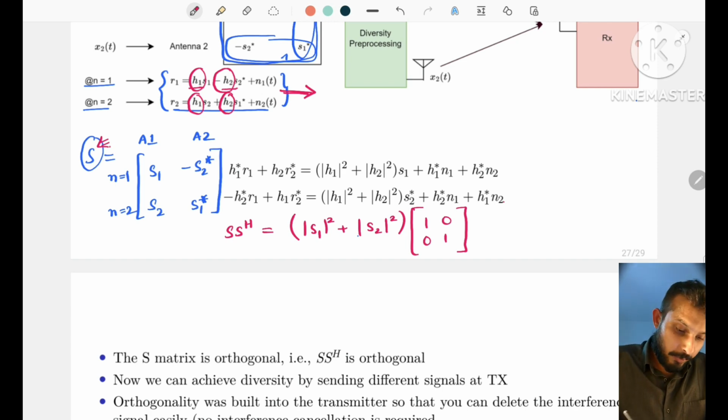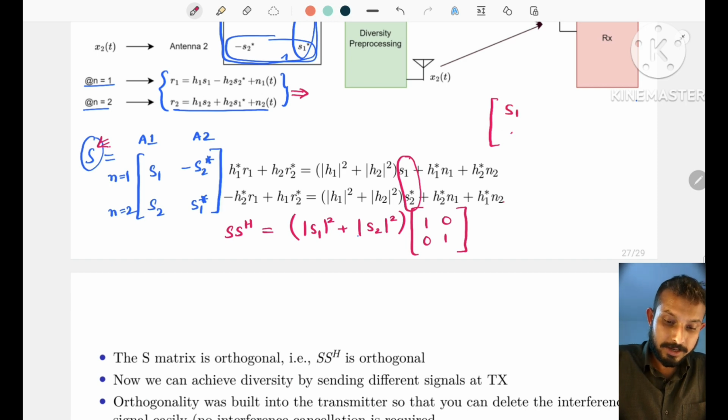So again, if we try to write this received signal equation into the vector form, what we can write? So here we want to detect S1 and S2 conjugate. So let us write here, we want to detect S1 and S2 conjugate.